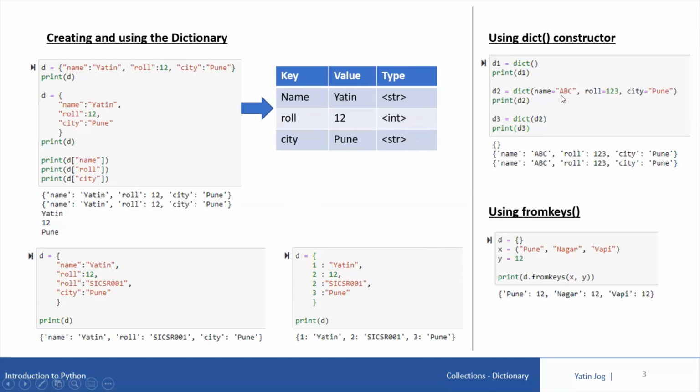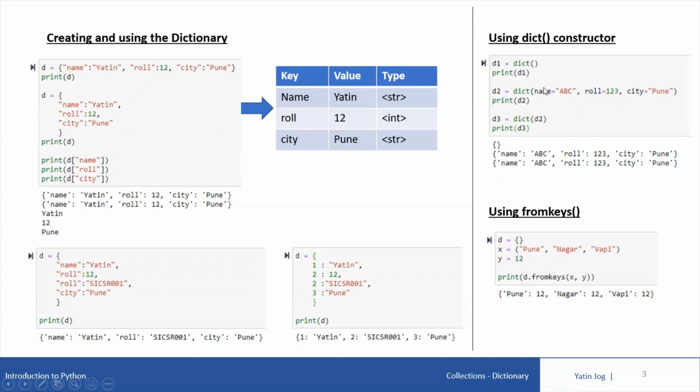But when you are creating a dictionary using the dictionary constructor, the keys have to be a normal variable name. So name equal to, you don't have to put name into double quotes. The value has to be the appropriate value. If it is a string, it has to be in double quotes. If it is a number, it has to be a number. So name is equal to double quotes ABC.